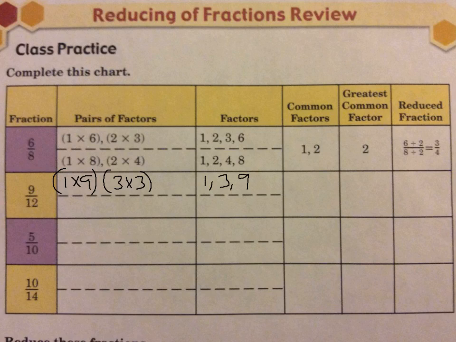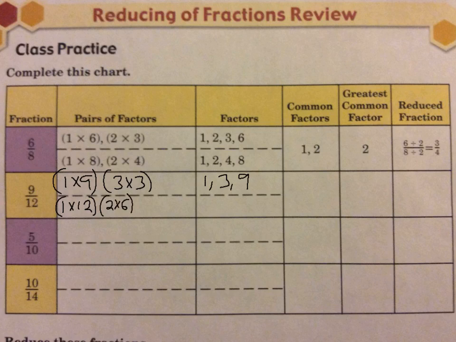Let's look at our 12 now. The easiest again is going to be the 1 times 12. If the number ends in a 0, 2, 4, 6, or 8, we know that 2 will go into it, and this one does. It ends in a 2. So 2 goes into this. 2 times 6 is 12.